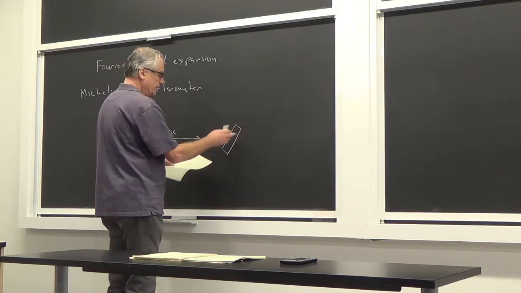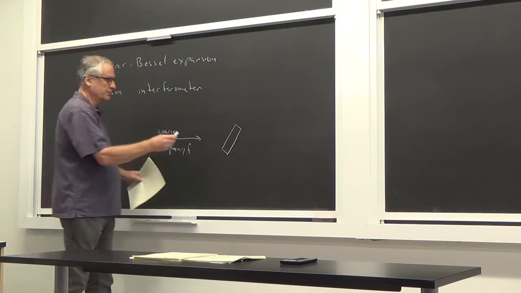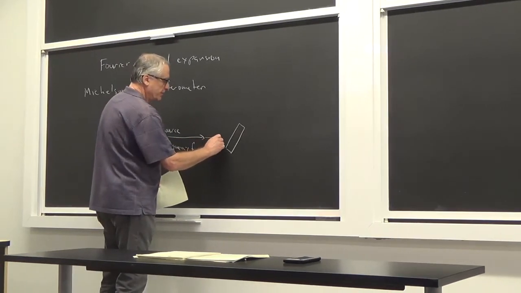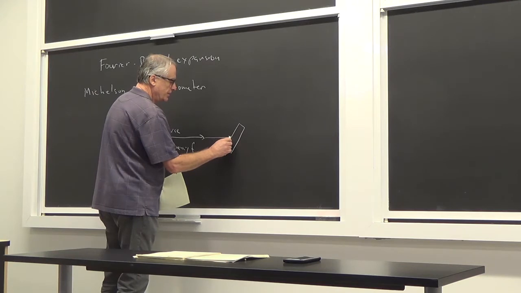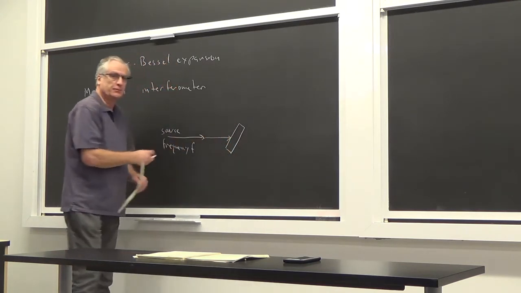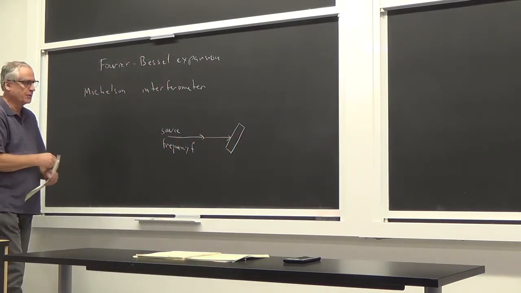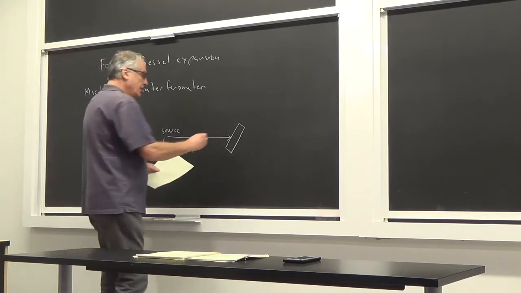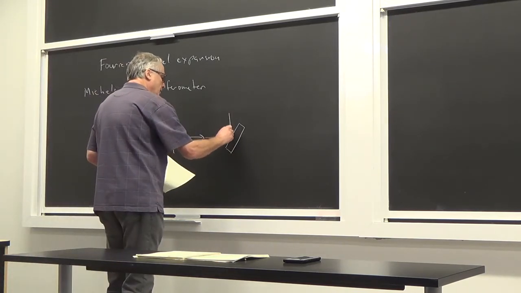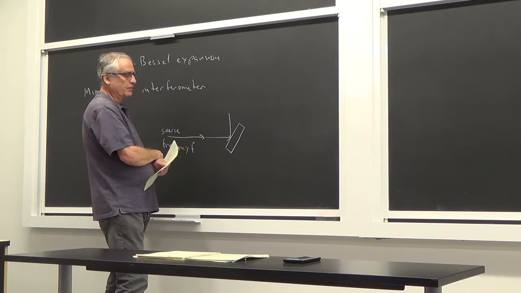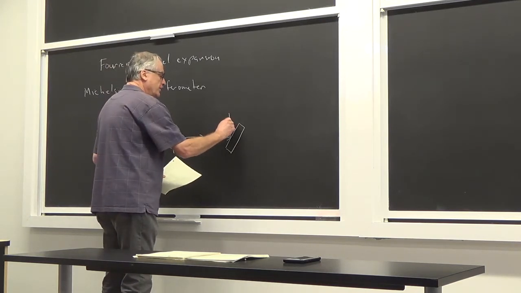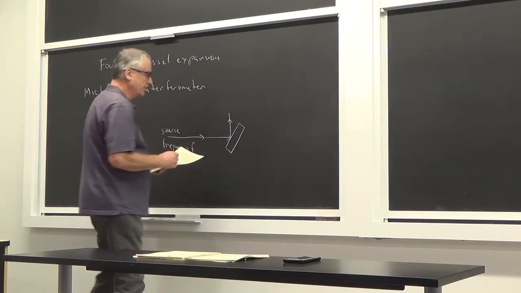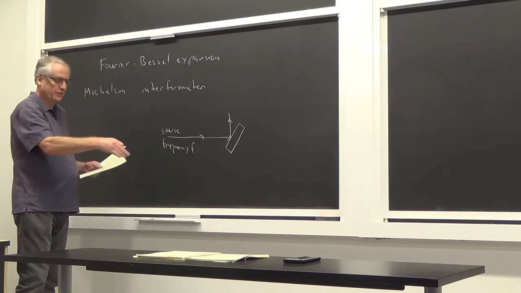So it's a piece of glass maybe, or quartz or whatever, with the front surface half silvered, partially silvered, so that a beam can be reflected from it, and a beam can be transmitted through it.